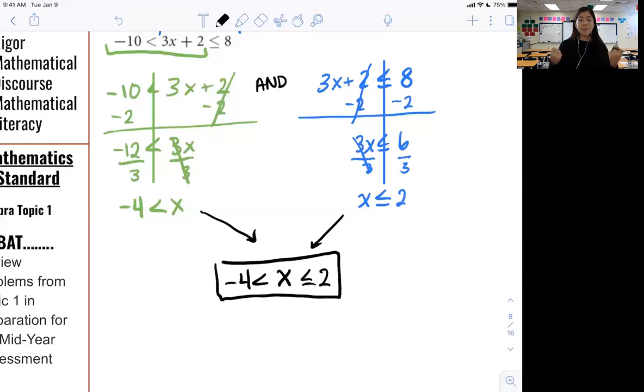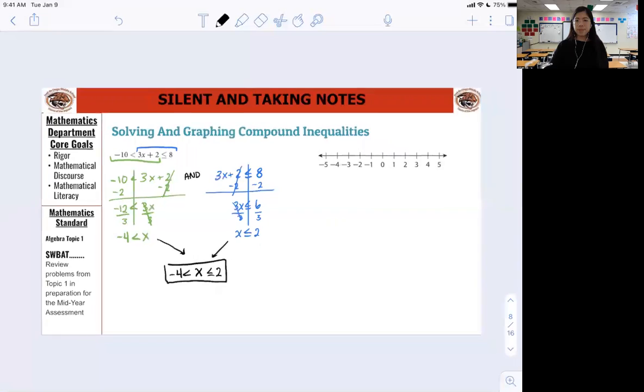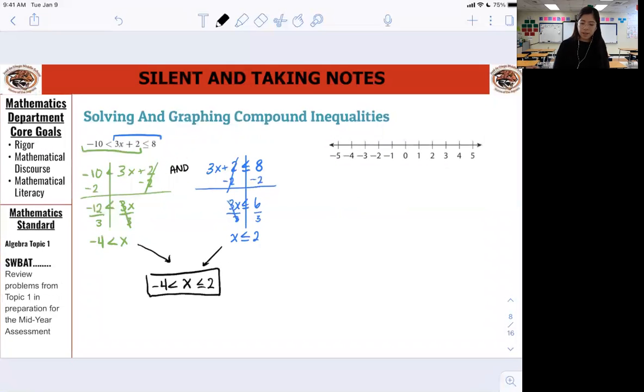Yeah. Remember when I asked for the domain and the range, you can do it as an inequality where you have the least number and the greatest number and then x is in the middle or y is in the middle. That's where this comes from. That's exactly the same thing. So if this is my inequality, I know that x is in between +2 and -4.